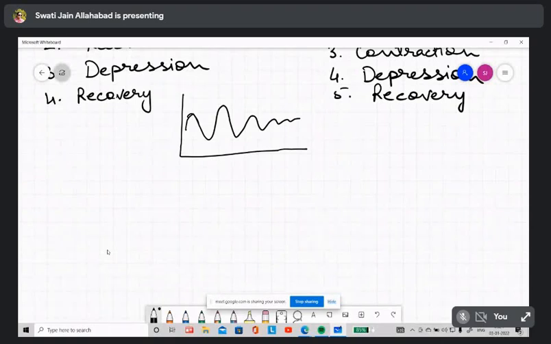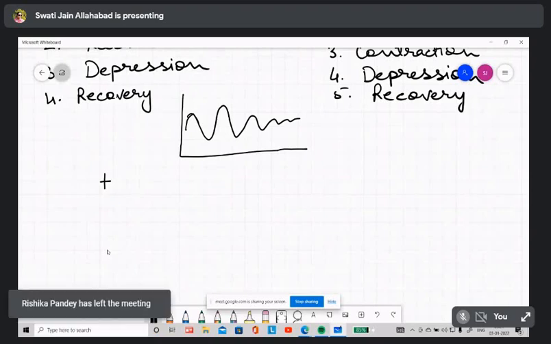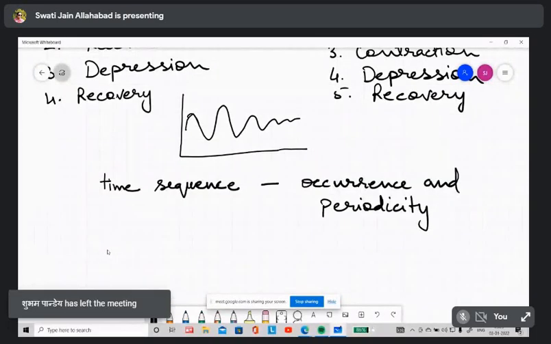There are some more terms you will come across in different books. There can be time sequence, meaning occurrence and periodicity. That means how long a particular phase remains, how short it is, or how many times a phase occurs for the economy.